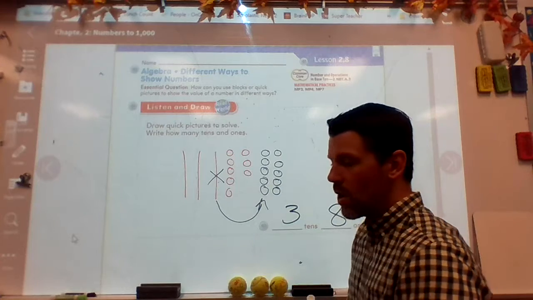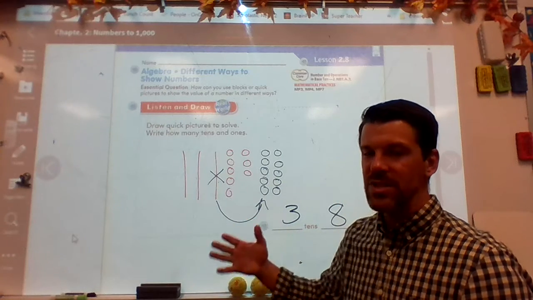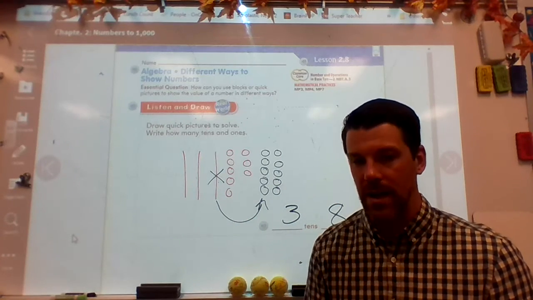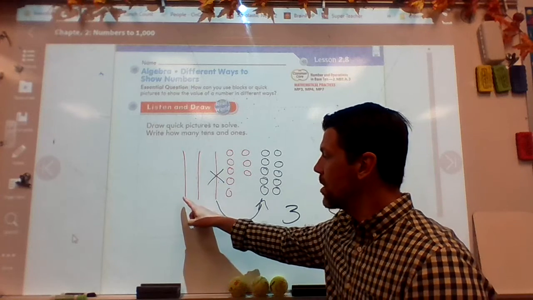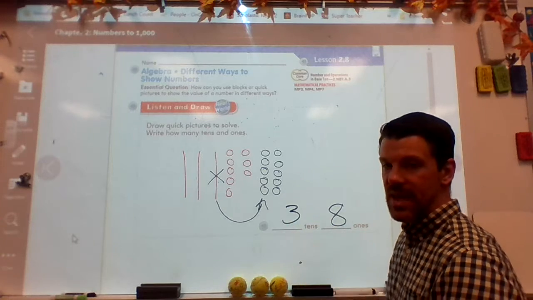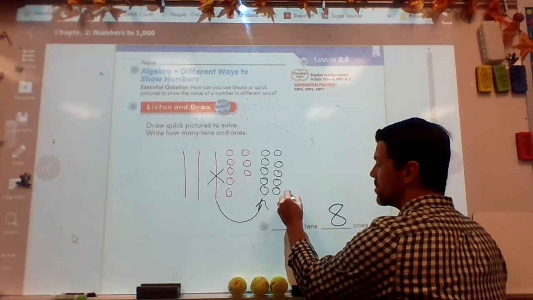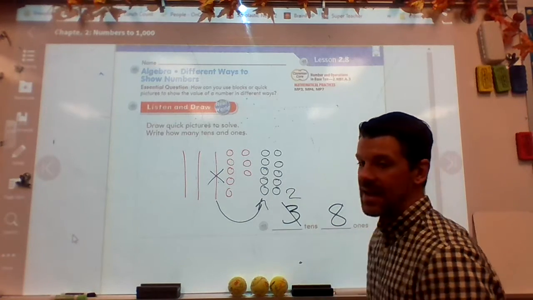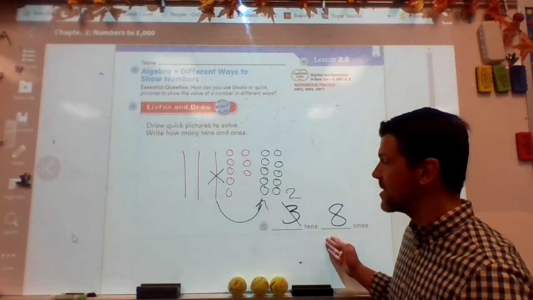Now, we still have the same amount here. We just have it configured in a different way. If you look at it, we have 10, 20. So we no longer have 3 tens. We only have 2 tens. And we don't have 8 ones anymore.